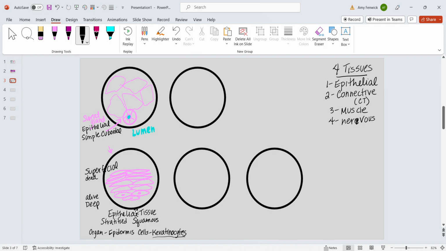I'm not aware if those cells have an even more specific name, like sweatoglandocytes, I don't know, but that's a sweat gland, and it's kind of like a straw that's made up of those simple cuboidal tissues.